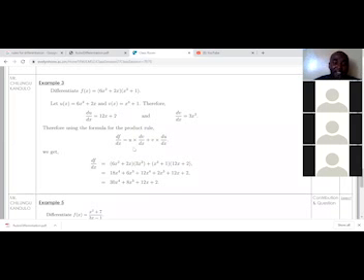Then you apply the product rule. So you get u, which is 6x squared plus 2x, times 3x squared, plus the other one, the v, x cubed plus 1, times 12x plus 2.